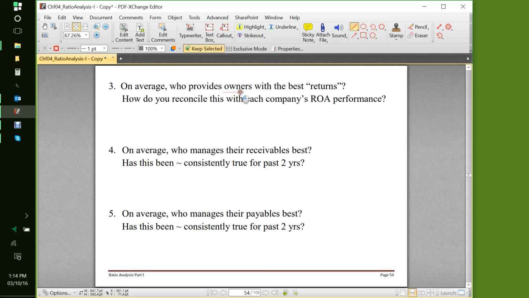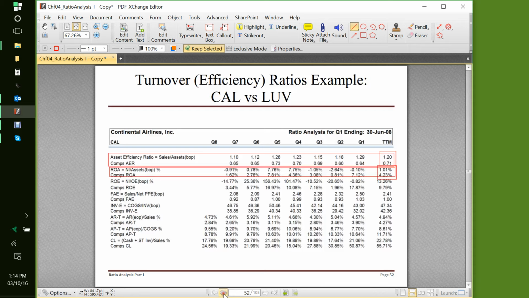So here we've got owners and returns. We don't want something like ROA because ROA talks about net income over assets, and those are funded by everybody.